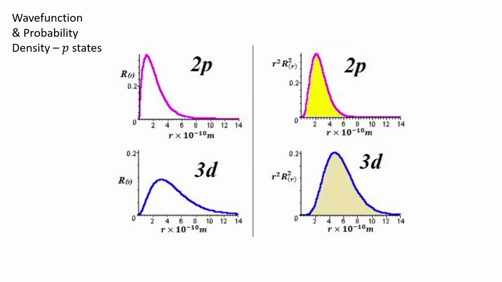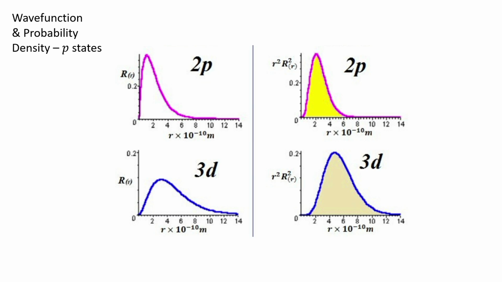Similarly, for the P states and the D states, they look like this. For the 2P state, you have a peaked density close to R equal to about 3 angstrom, and for the 3D it is peaking at about 5 angstrom.